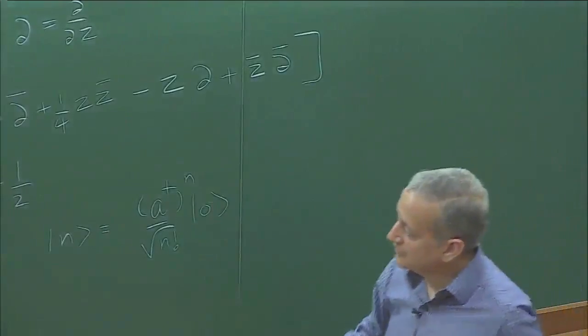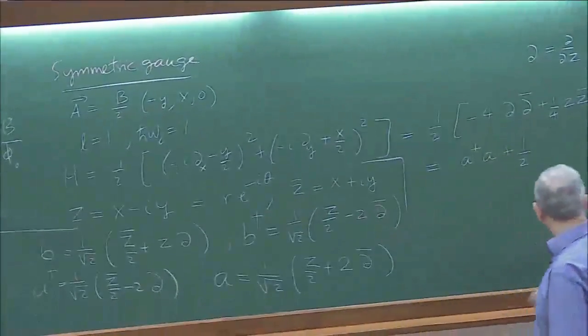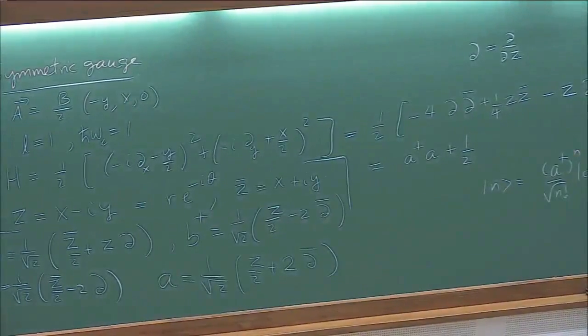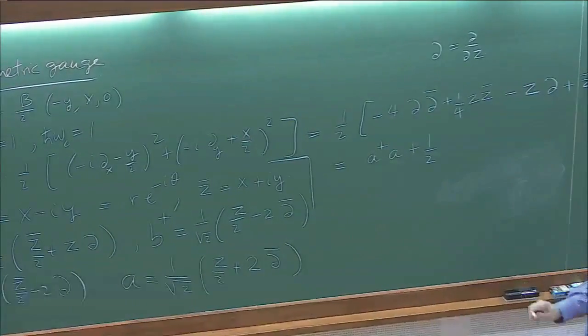Here we have two harmonic oscillators. We have A and B. So the states would have two integers. They would be labeled by two integers.